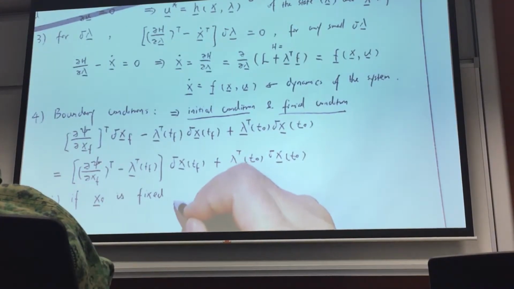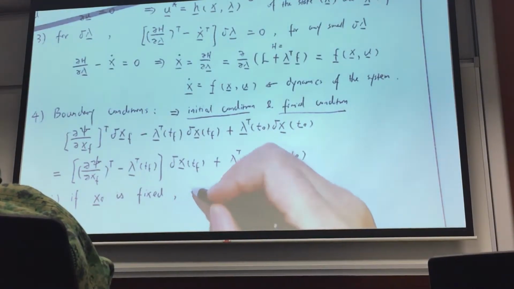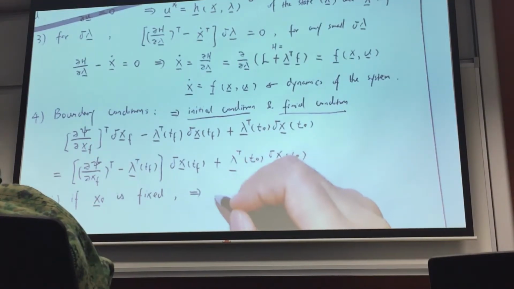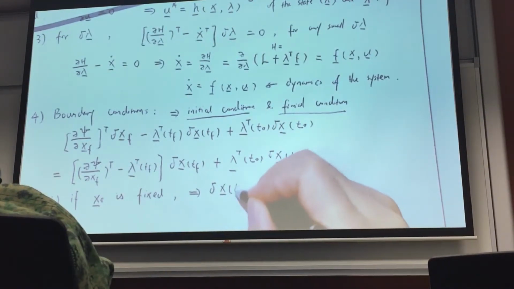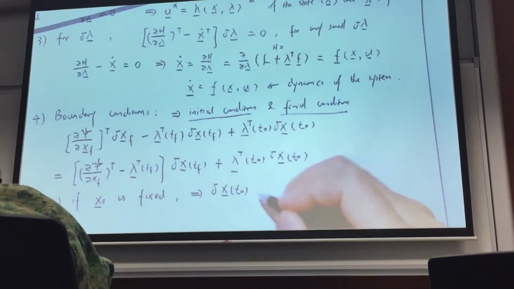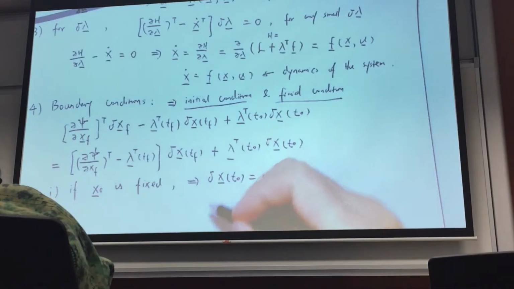That means you cannot perturb x0. So this means delta x0 is equal to 0 because it's fixed. So this one is 0.